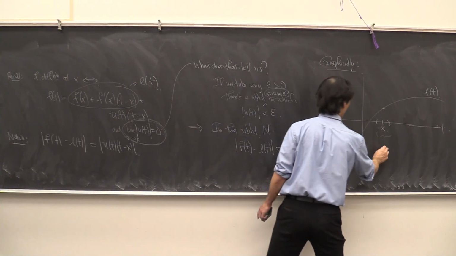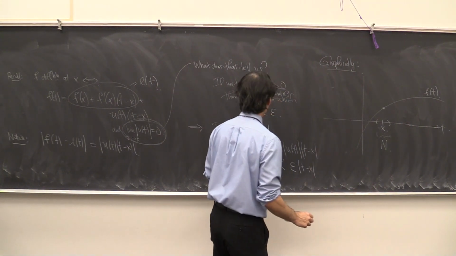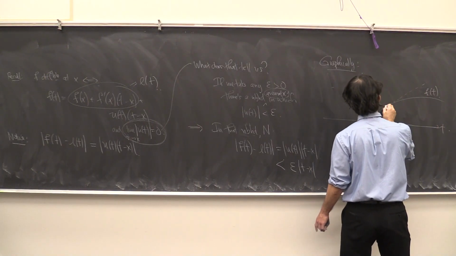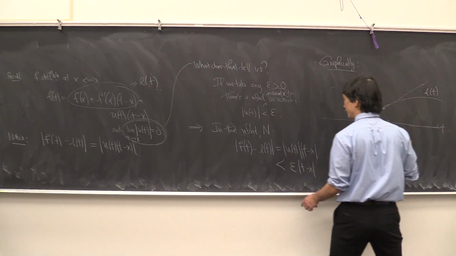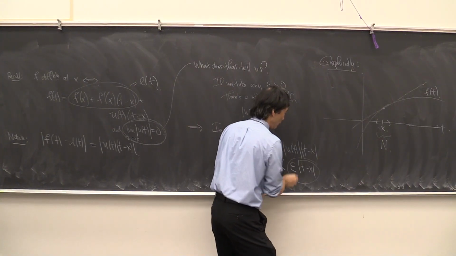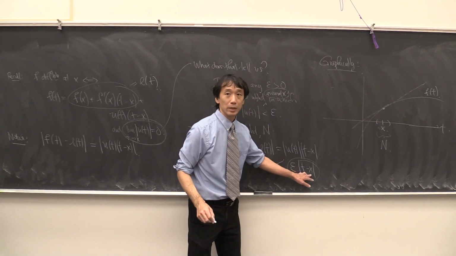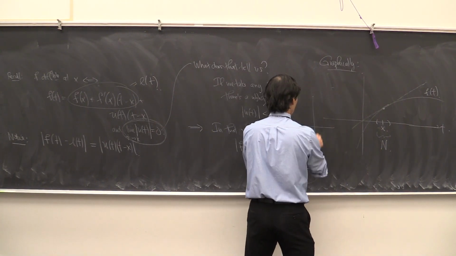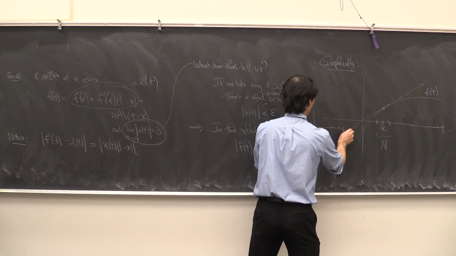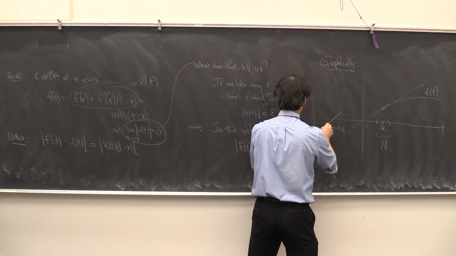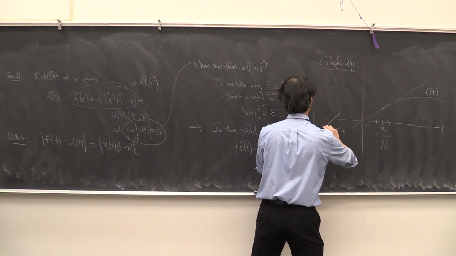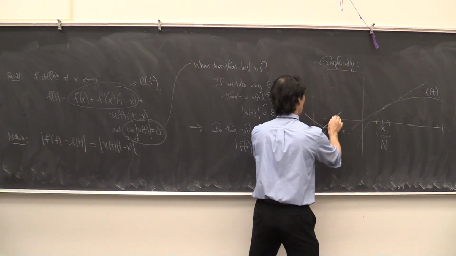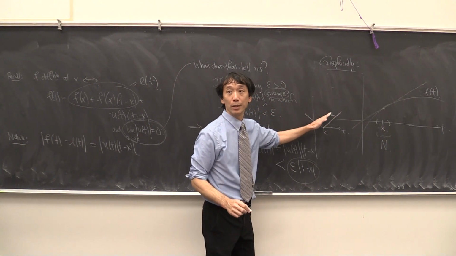And in that neighborhood, the difference from the tangent line is controlled by this slope times this linear term. What's the slope times the linear term look like? Well, if this is t and this is x, it looks like this, where the epsilon is the slope of this line.